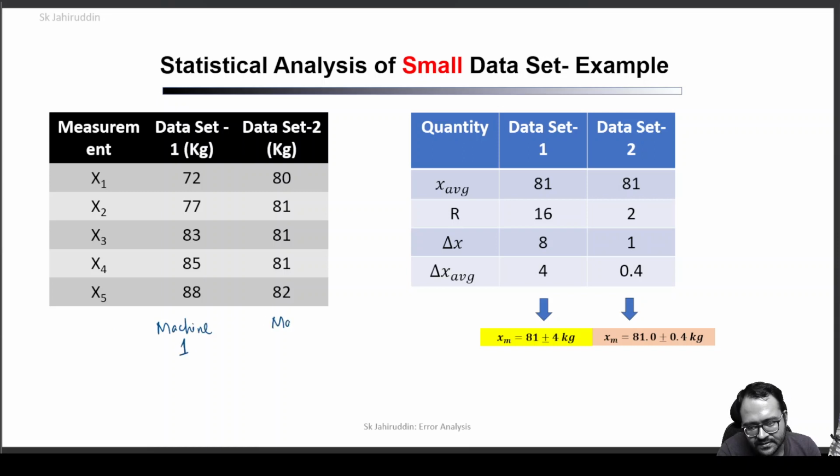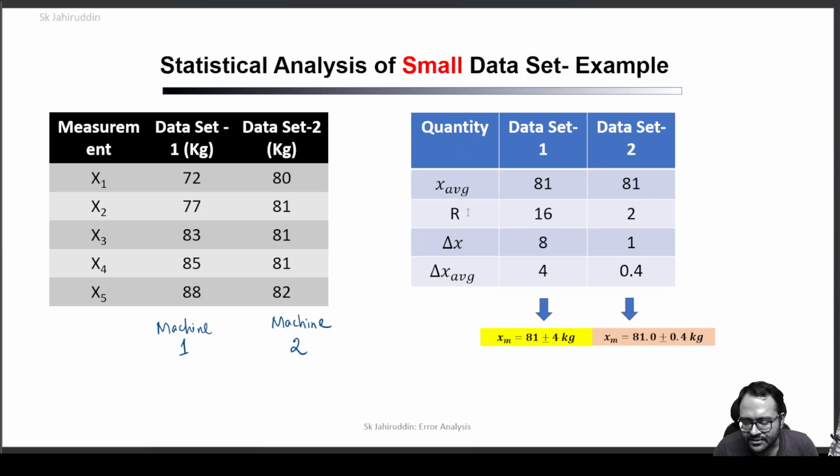And in another machine, machine 2, you get 80, 81, 81, 81, and 82. So x average for machine 1 is 81, and x average for machine 2 is also 81. You can just calculate the average from here and there. So you have 2 machines and we get 2 sets of data.